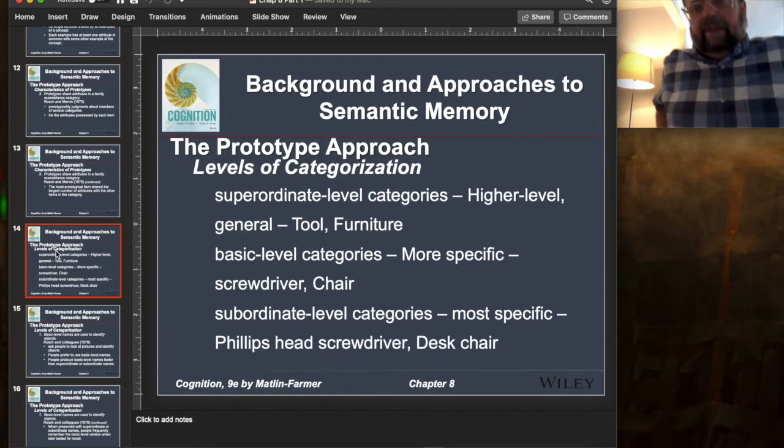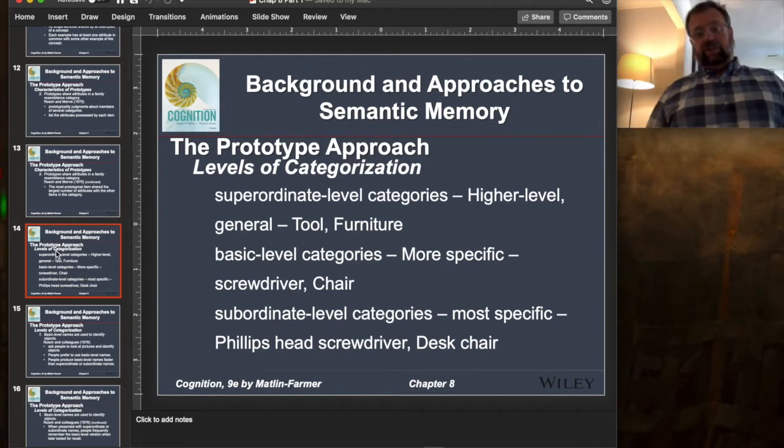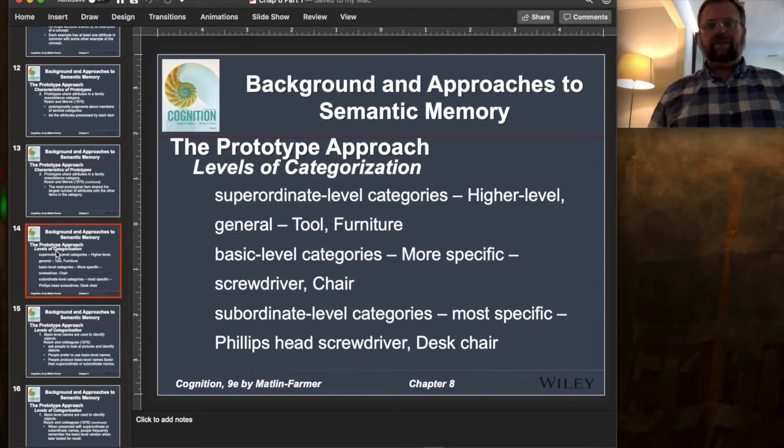We can think about a lot of different specific types of chairs or even specific brands of chairs. And so that gets us into the subordinate level. And for the most part, human cognition is best at working with basic level categories. That's the thing that's easiest for us to grasp, most likely because we have a basic visual representation in mind of those things.